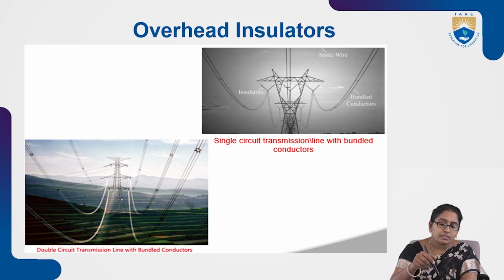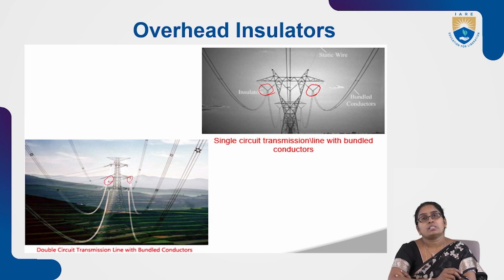And the third one is the insulator. These are the insulators, you can see. You cannot see it clearly here, but the conductor is not directly attached to the supporting tower. It is placed on the support using insulators.